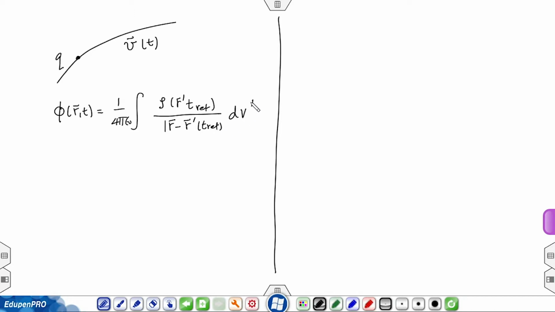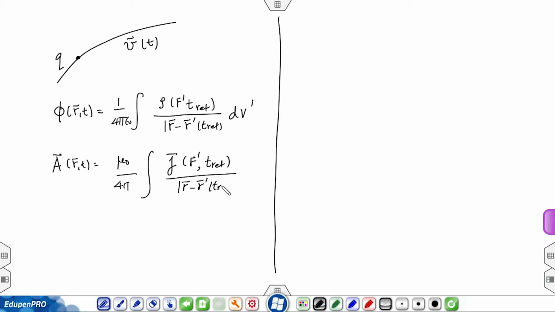And similarly, the vector potential A r t is given as mu 0 over 4 pi integral j r prime at t retarded over modulus r minus r prime at t retarded d v prime. Let me remind you that t retarded is equal to t minus modulus r minus r prime itself at t retarded over c.